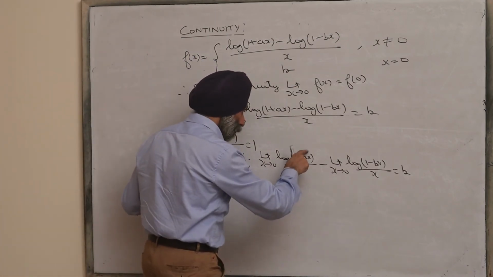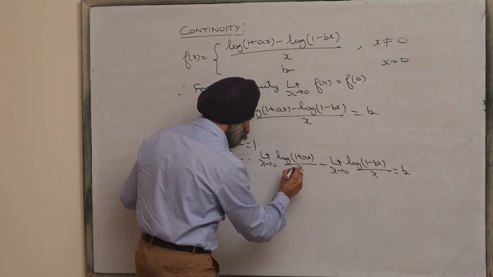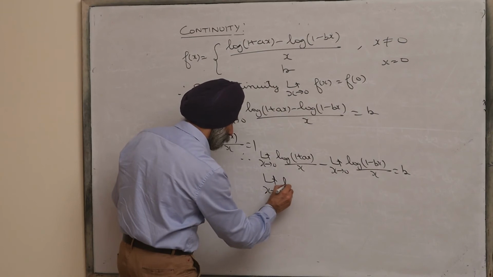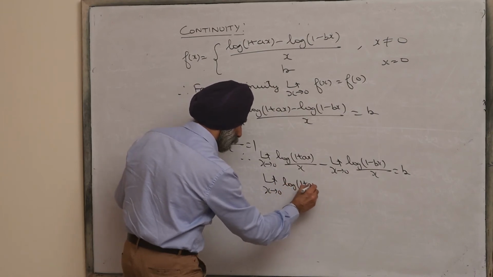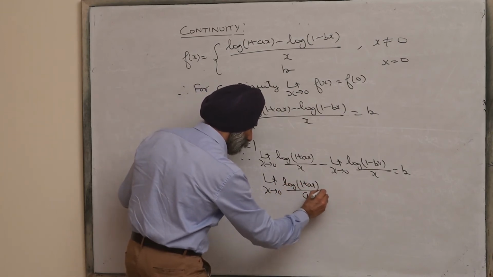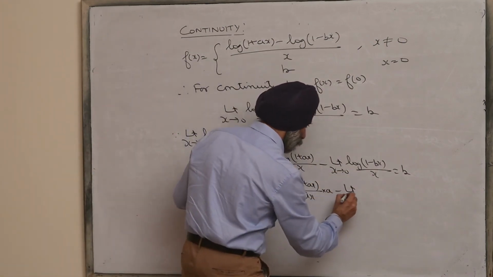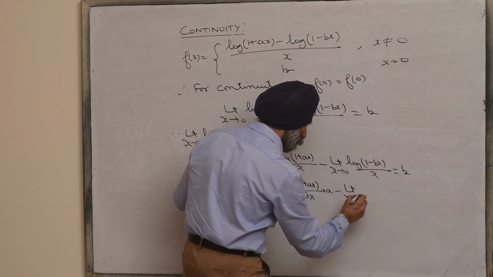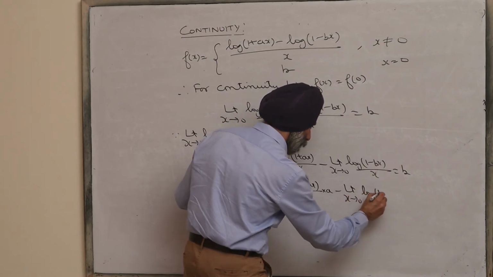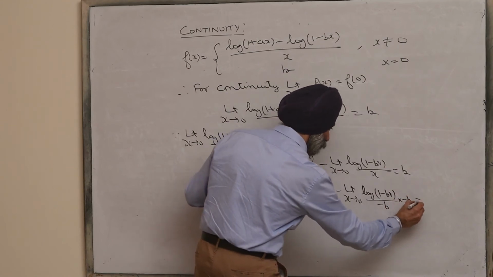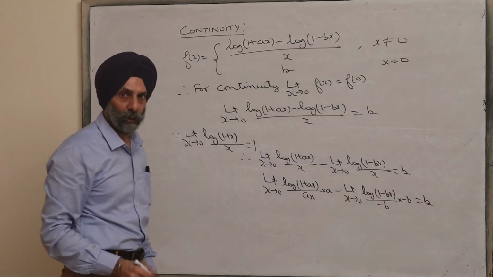Because here the coefficient of x is a, it is to be multiplied by a, that is limit of log of (1 plus ax) upon ax into a. Because in the second case the coefficient of x is minus b, log of (1 minus bx) upon minus b, into minus b, so this must be equal to k.